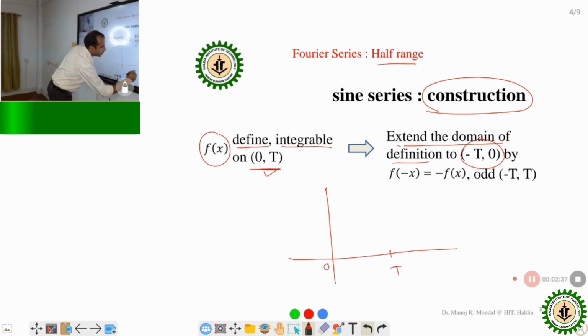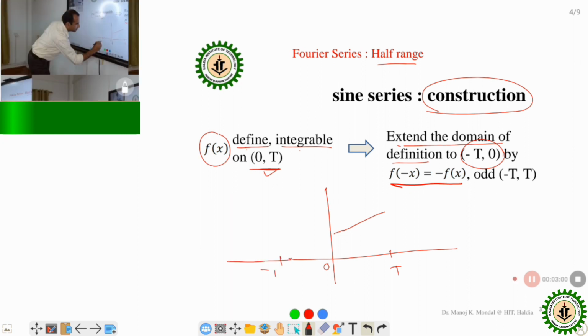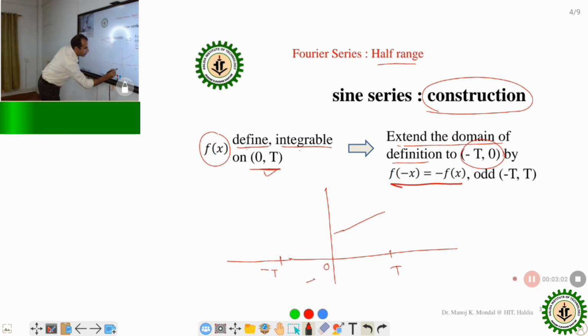Then we construct a function in such a way that it satisfies f(-x) = -f(x). That is, we plot it on the minus t portion, and it will be in the form of this one.